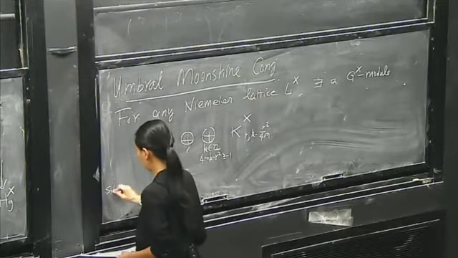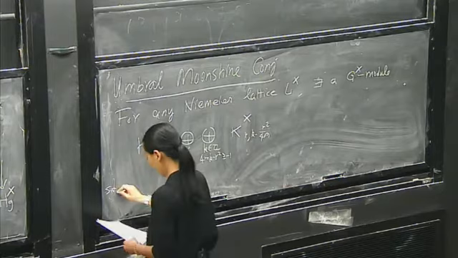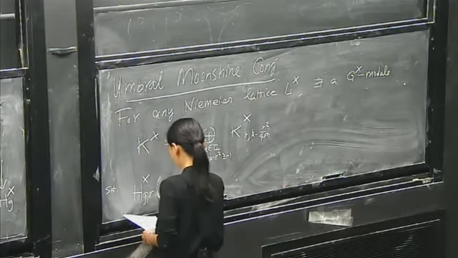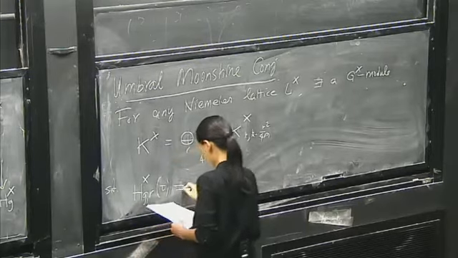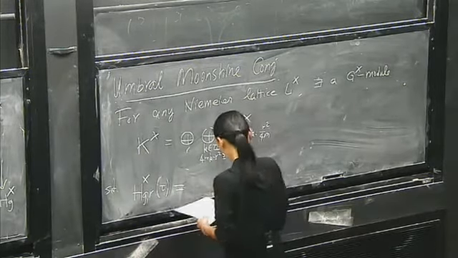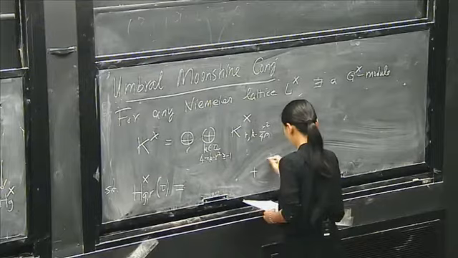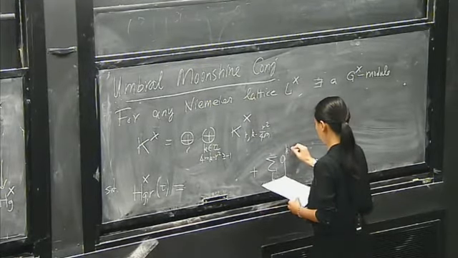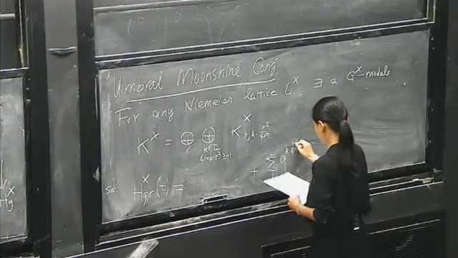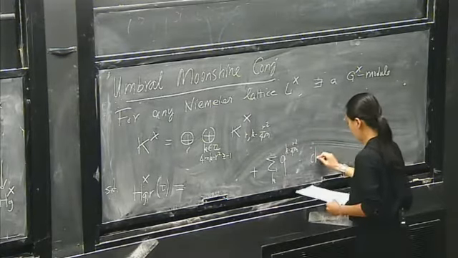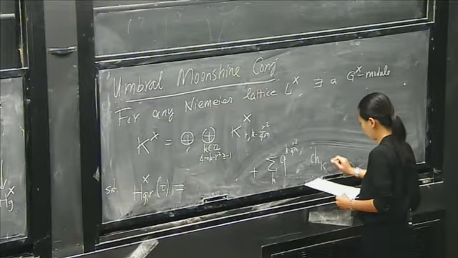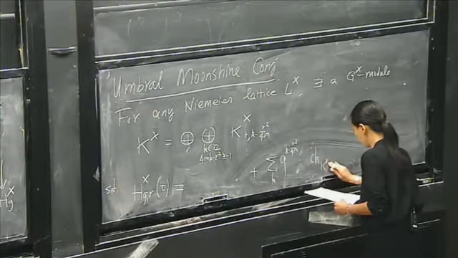And this module has the property that its graded characters are given by the Fourier coefficients of the mock modular forms. So why am I saying graded character? Because I'm doing this.